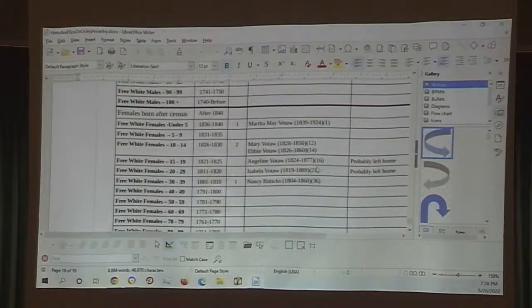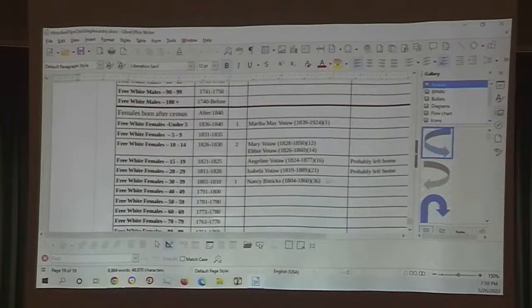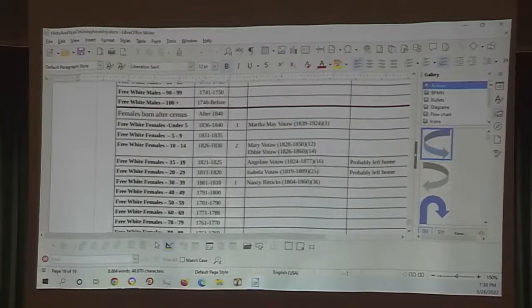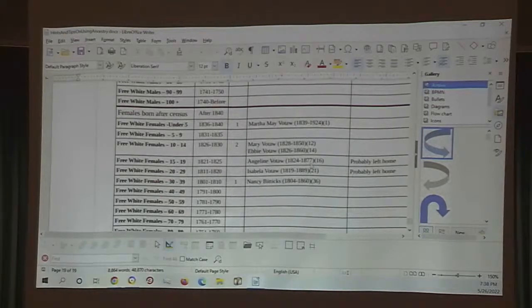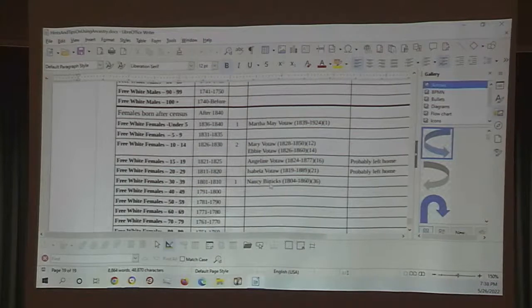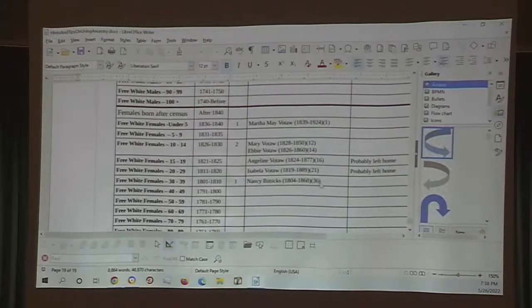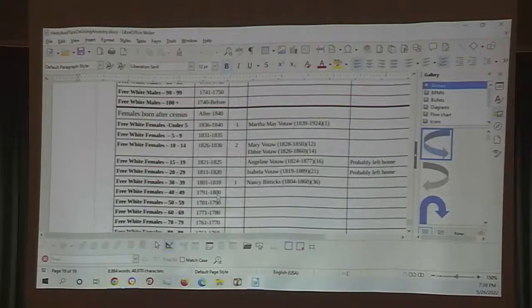So she was gone, not in the profile. And then I got an Isabel, who was 21. Well, she was probably married and gone too. So I say probably left home. And then Nancy Biddock, who would be one of my great grandmothers, she was 36, and yep, she falls there.